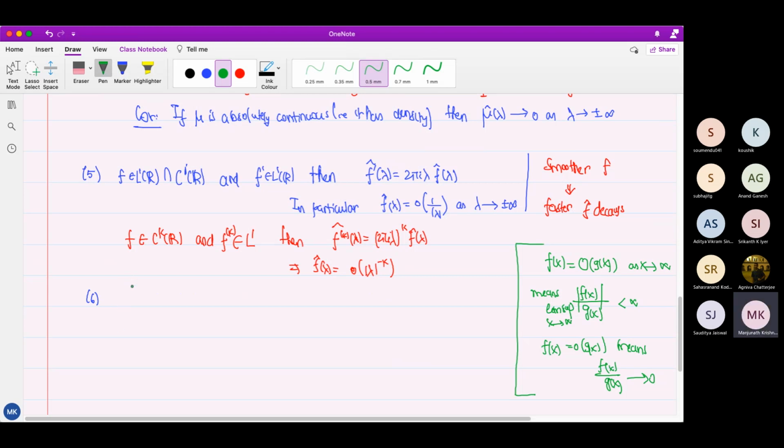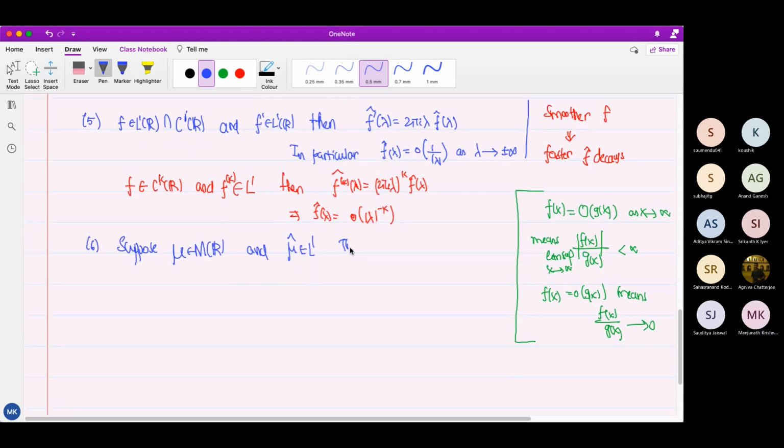So how shall we say that? Let me put it in that way. Suppose mu is a measure and mu hat is in L1. Okay, so this is an extra assumption. So decaying fast: we are assuming mu hat decays fast enough that it is integrable.